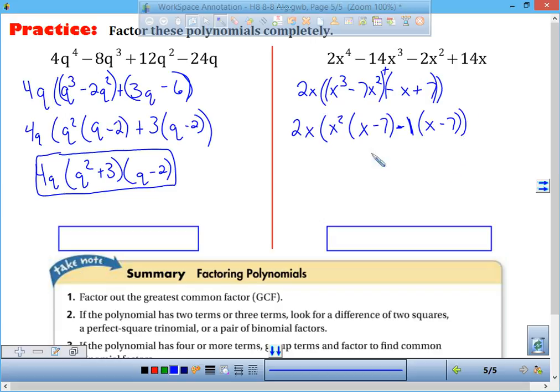Okay, so now I find my two binomials, so the outside with the 2x tagging along, the outside is x squared minus 1, inside x minus 7, the common inside.